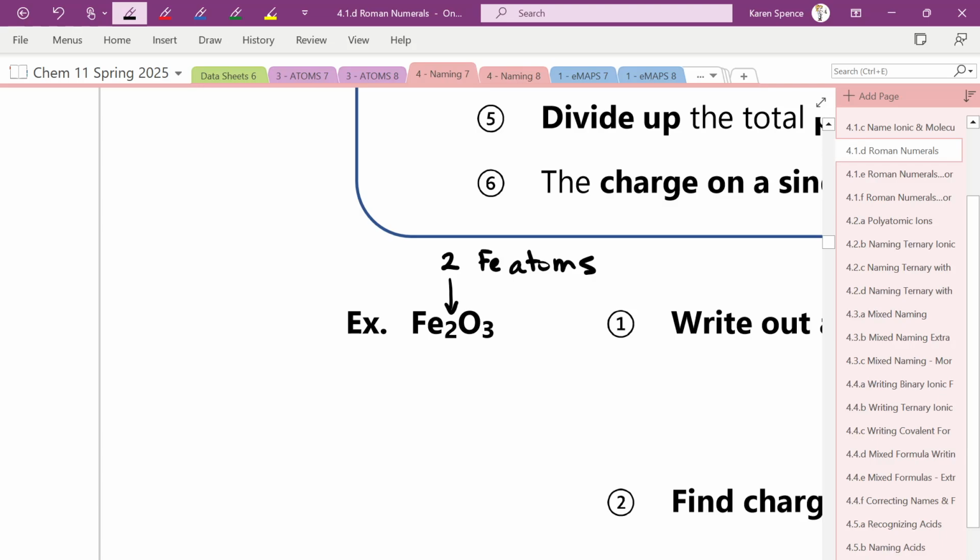That does not mean iron 2. No. That tells you how many irons there are, not what the charge is. Okay, that little 2 tells you the number of atoms, not the charge.